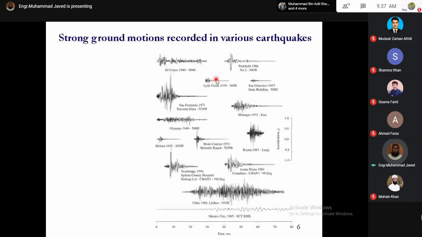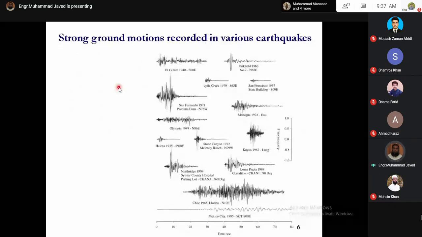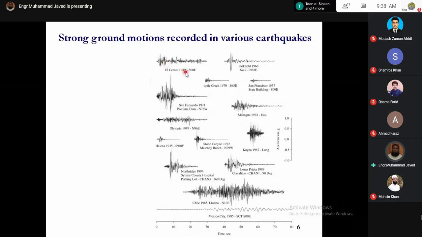And different ground motions have different characteristics. Here some notable ground motions recorded during various earthquakes are reproduced. The first one is recorded during the 1940 Imperial Valley earthquake.